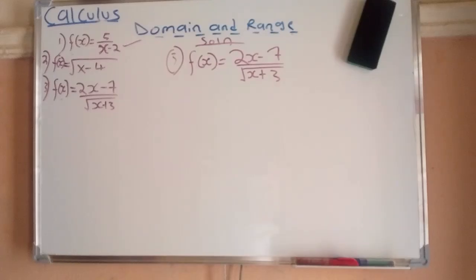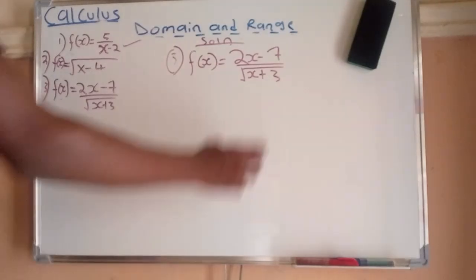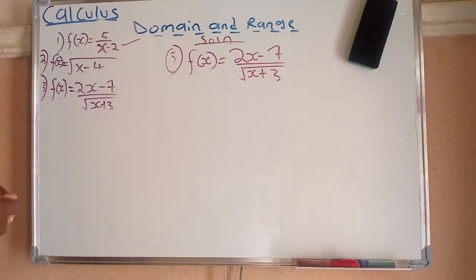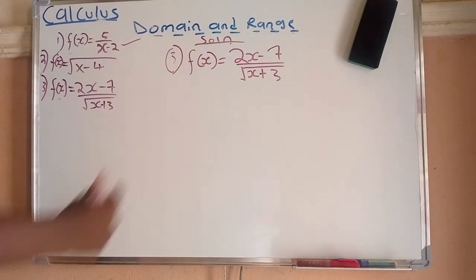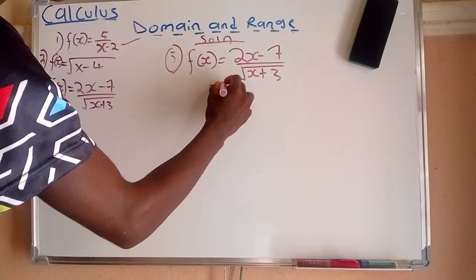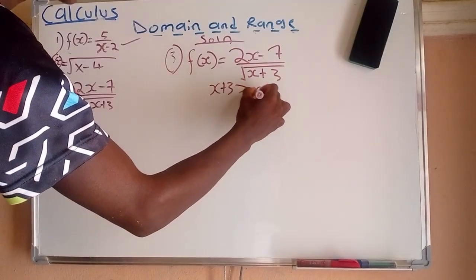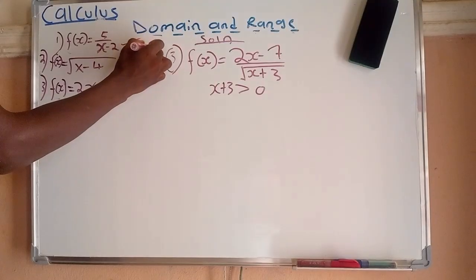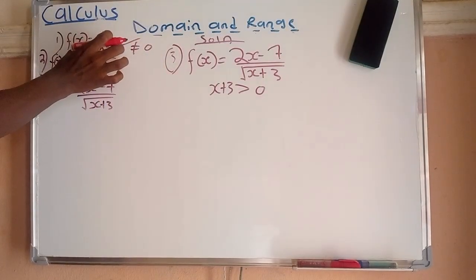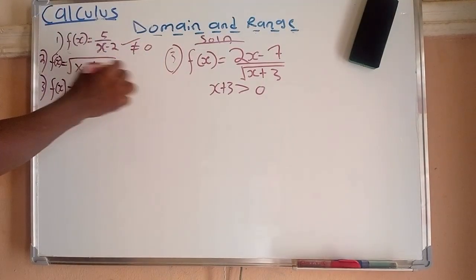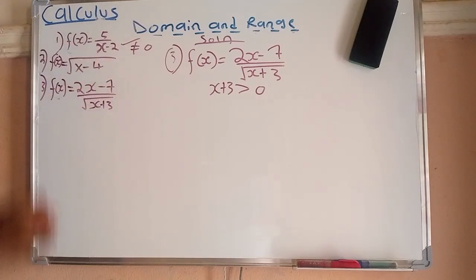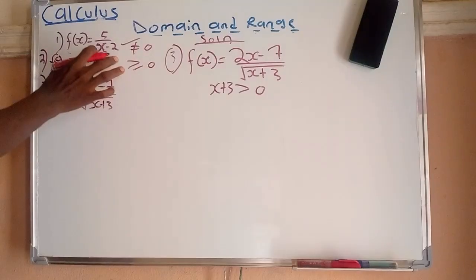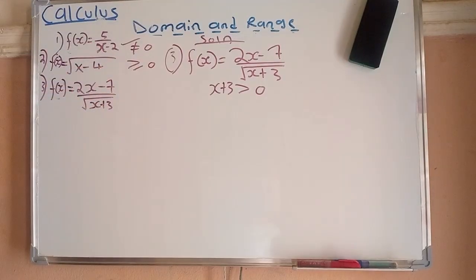Whenever we come across this problem, we take the radical form and set it as greater than 0. We say x plus 3 is greater than 0. For the first question, we said not equal to 0 because our denominator doesn't contain a radical form. For the second question, we said greater than or equal to 0 because we have only a radical form without any fraction.